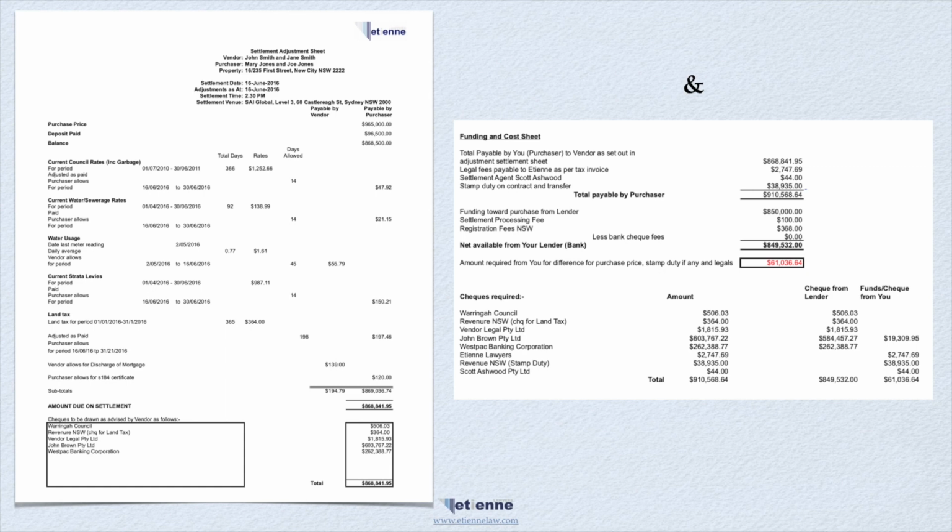In some instances, stamp duty is paid at settlement, which is the situation in this example. An amount of $38,935 is to be paid, and that amount needs to be provided by you so the settlement can be completed.